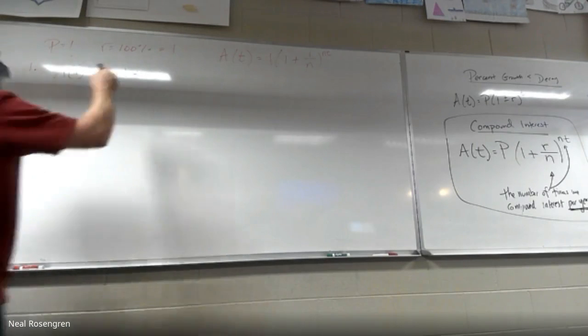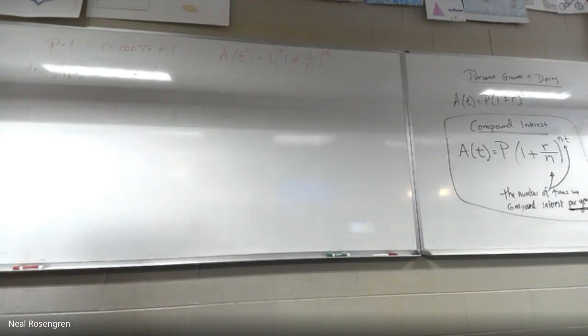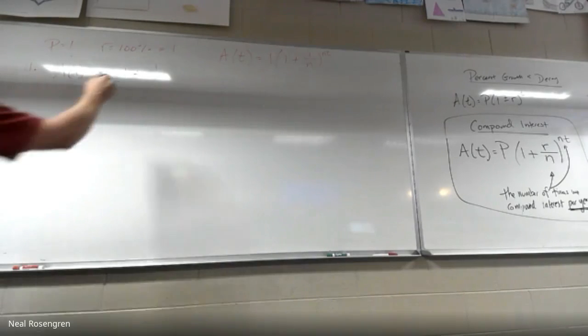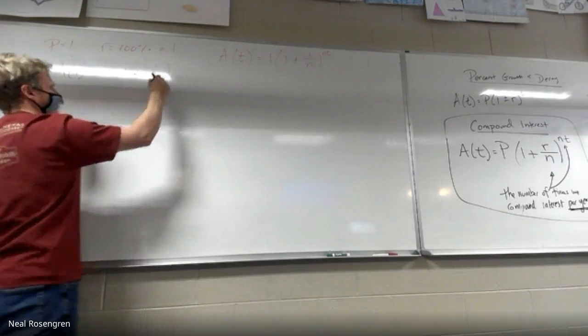One last thing to write down, 1 over n. Compounded annually. What does annually mean? Per year, so like once per year. 1 over 1, yeah, right? And it's just 1 when they say annual.